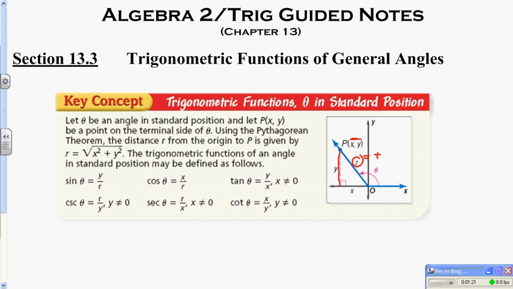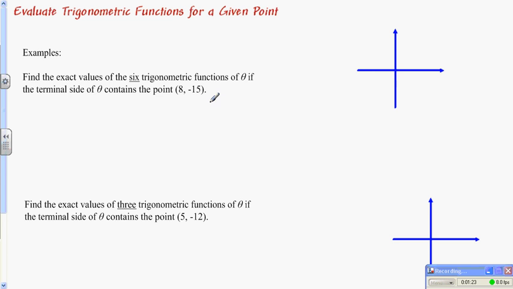All right, now if we take a look at this question, we have 8, negative 15. 8 to the right, negative 15 down.